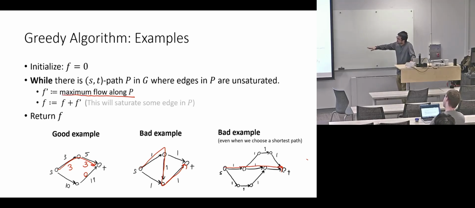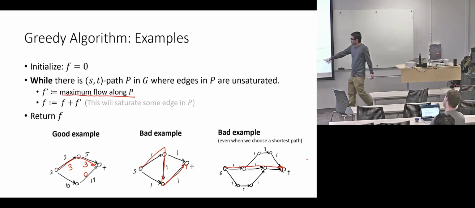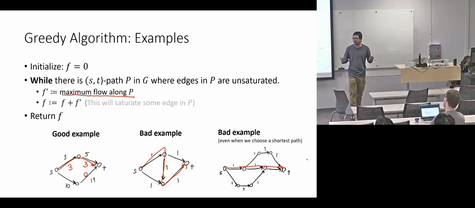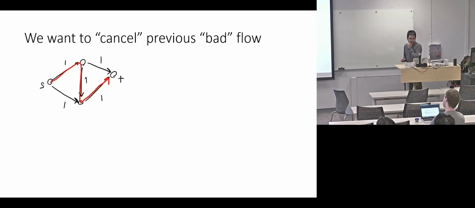So you see, we might make mistakes, but what if we allow ourselves to correct our mistakes from the past? That would be good. Okay, so we want to cancel the previous bad flow, like that one. And the idea is this.